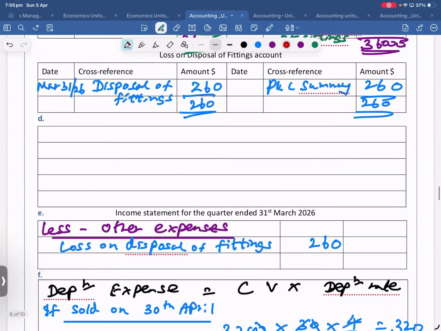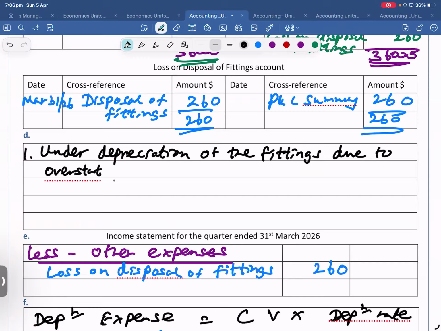Wait, do you decide the depreciation expense? Sorry? Do you decide the depreciation expense? Yes. Remember we said that it is based on those two conditions. What is it? Residual value and the life, which we are estimating.